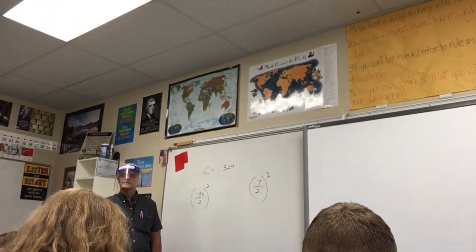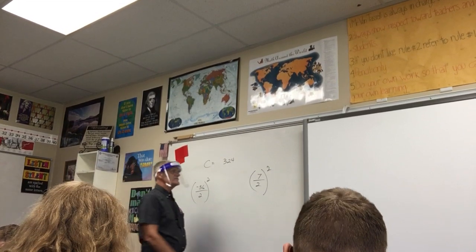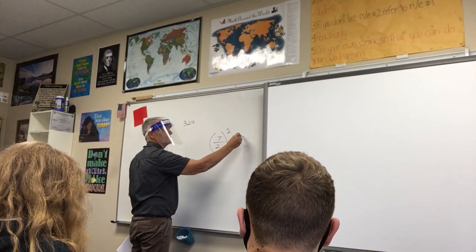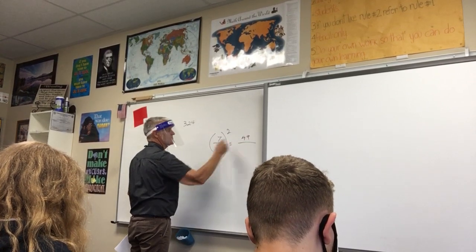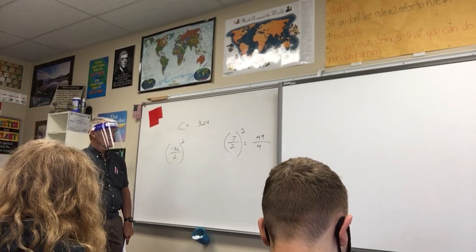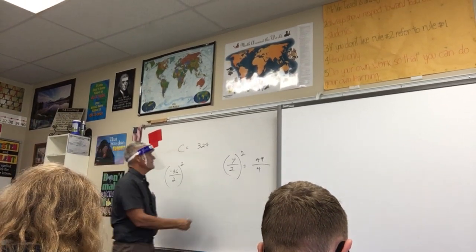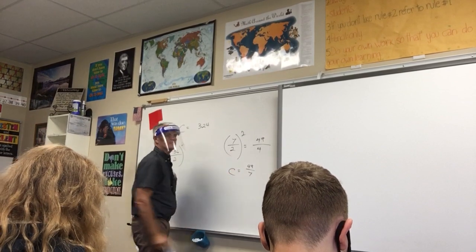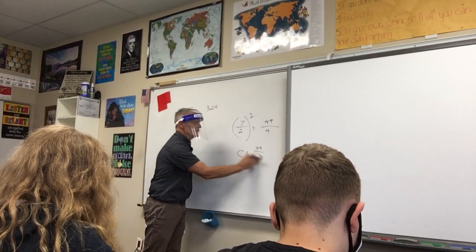Sometimes they're not nice even numbers. 7 squared is 49, and 2 squared is 4, so what you write down is C equals 49 over 4.